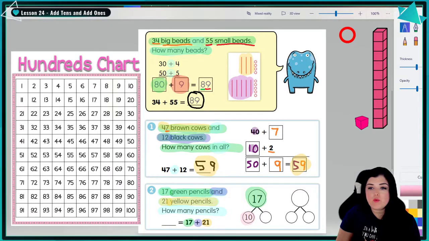And how many ones in the number 17? How many ones? There are 7. So I'm going to write the number 7. One group of 10, 7 ones makes the number 17. Now our second number is 21. So I'm going to write that part, 21, into my number bond.